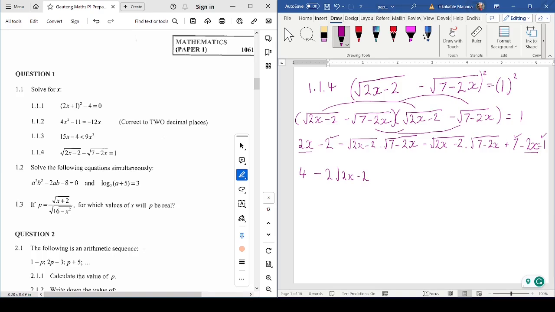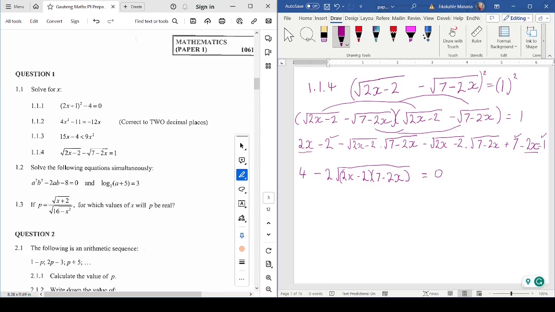I just simply remove the square root, and then this is actually, let me put it in a bracket, multiplied by 7 minus 2x. Right, so they share a square root, these two terms.